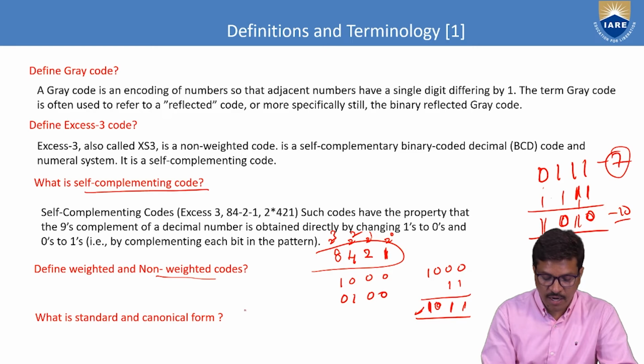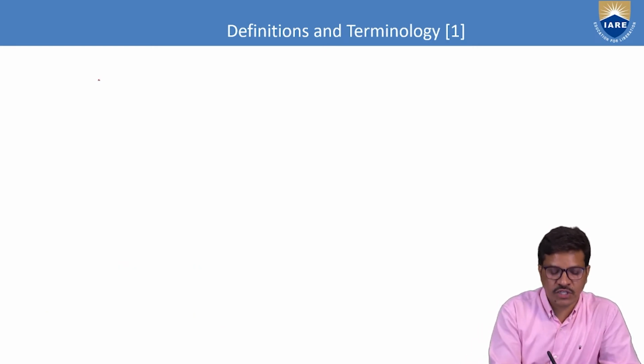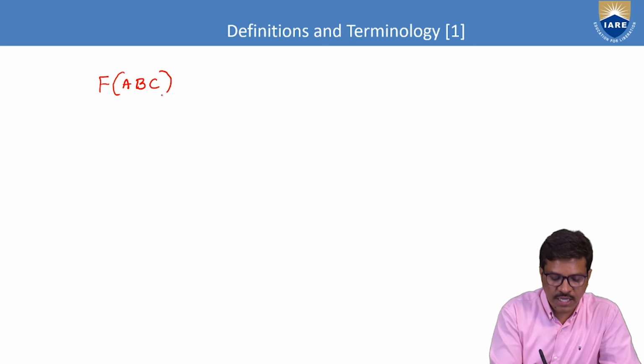What is standard and canonical form? Basically, if you take a Boolean function represented in 3 variables, the order is ABC.